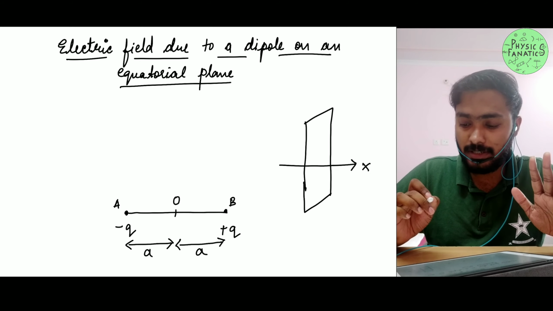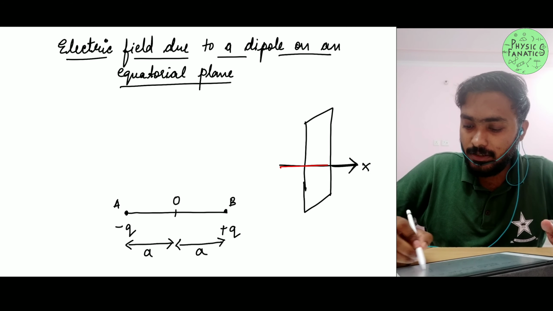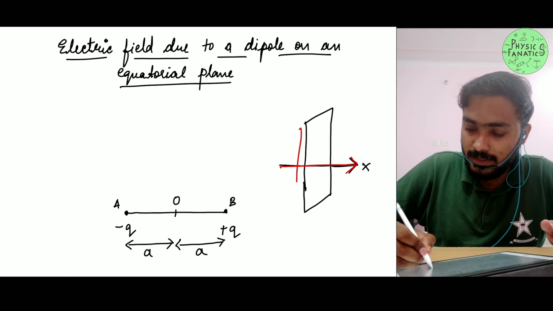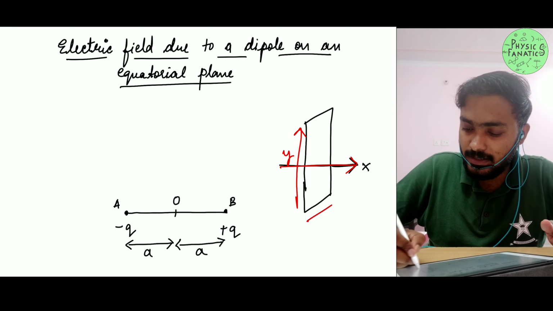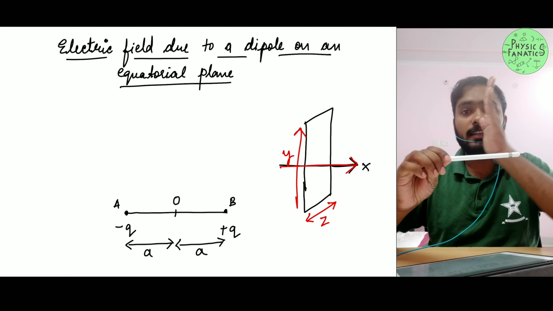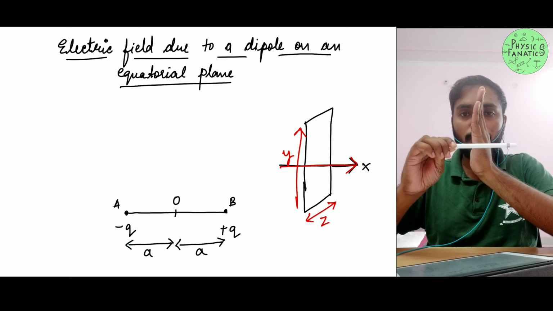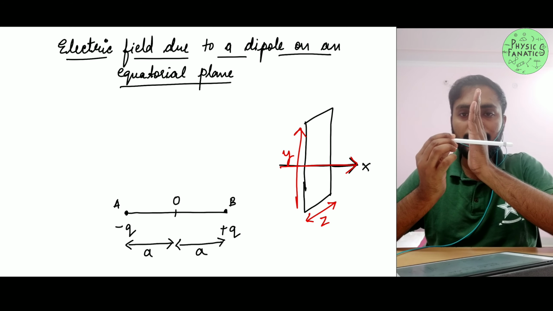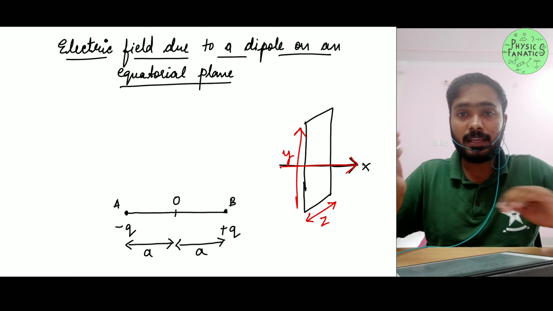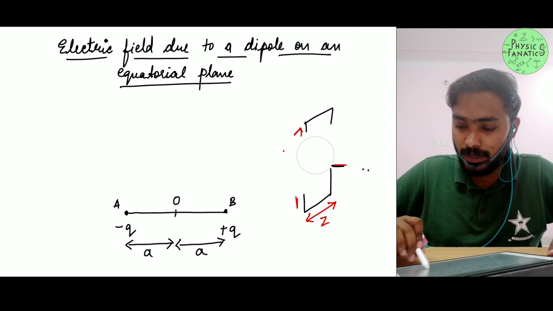I hope you can visualize that. For example, if that is your x-axis, then obviously this is your y-axis and this is your z-axis. It's like you have this pen, and this is your equatorial plane. My hand is the equatorial plane to this x-axis. I hope you can visualize that. Yes or no? Okay, so let me erase this part.